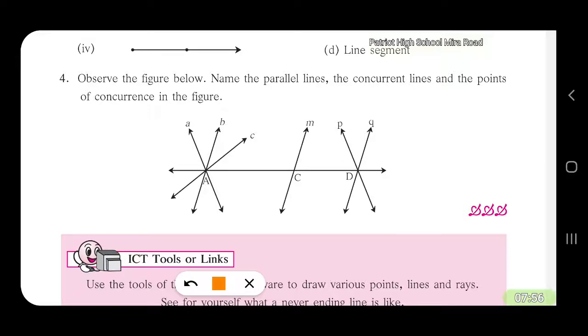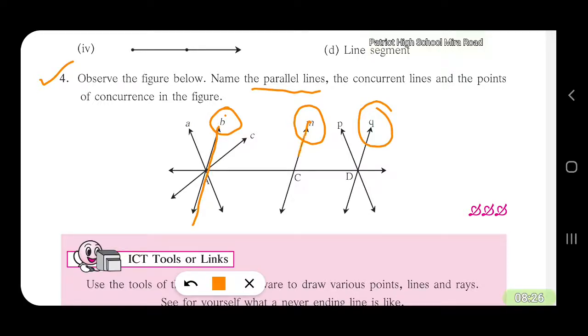Question number 4. Observe the figure below and name the parallel lines. Now let us consider only the parallel lines. We can see line B and line M and line Q. All these three appear to be parallel.